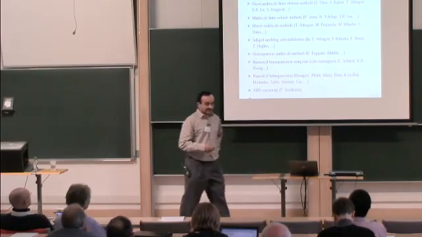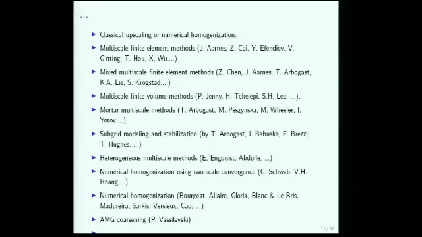Just to be fair, there is the multi-scale finite element method. The application to the subsurface requires mass conservative methods like finite volume and mixed finite element, and there are a lot of issues like stability that you have to deal with. Then there have been mixed multi-scale finite volume methods, then the methods I mentioned.